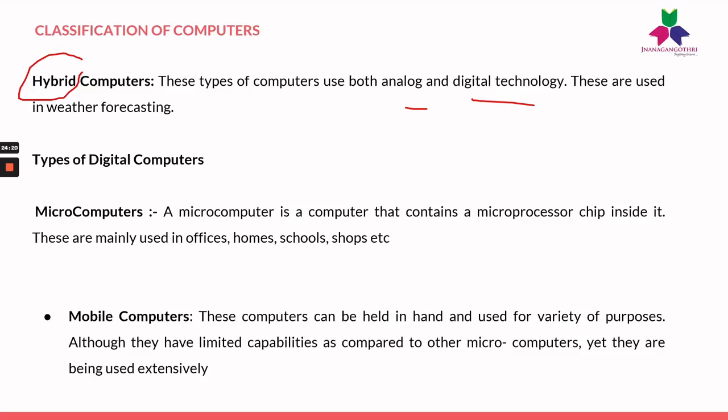These microcomputers are further categorized as mobile computers. They are called mobile computers because they can be held in hand. They are very compact and portable. We use them for a variety of purposes. As they are handheld and portable, they have limited capabilities and cannot be used very extensively.